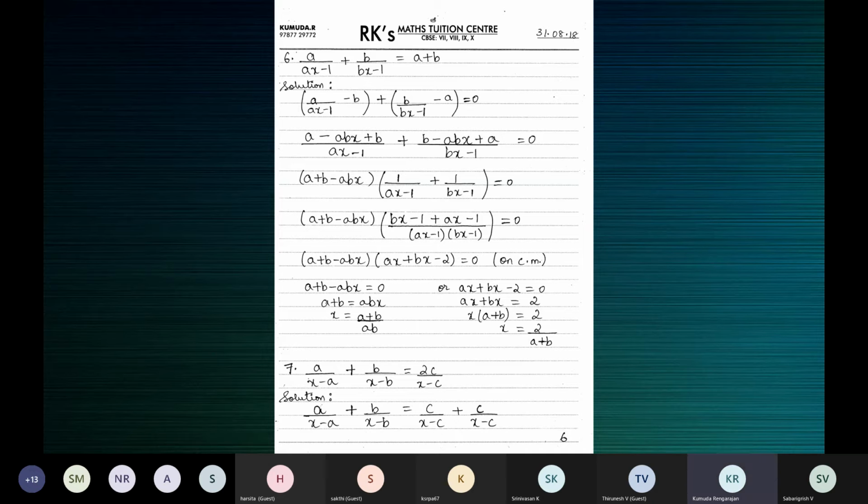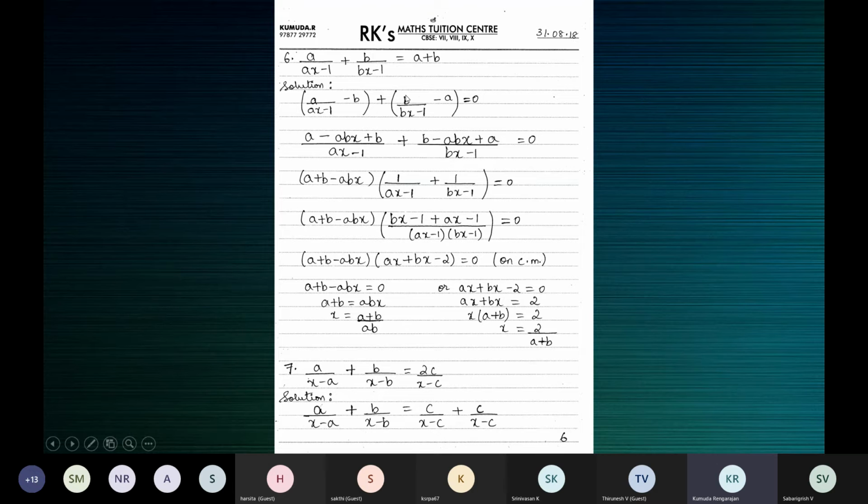Here also, with a, you take minus b. With b, you take minus a. With a by (ax minus 1), take minus b. Because a and b, when they come to the LHS, they become minus a and minus b. So to this a, take minus b.